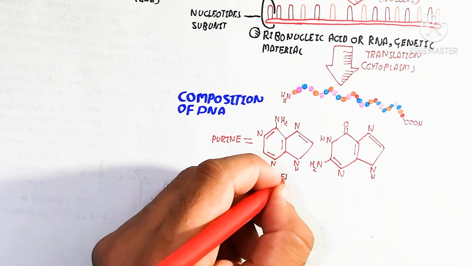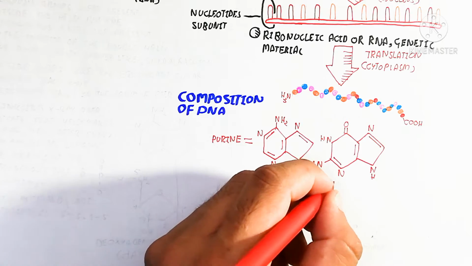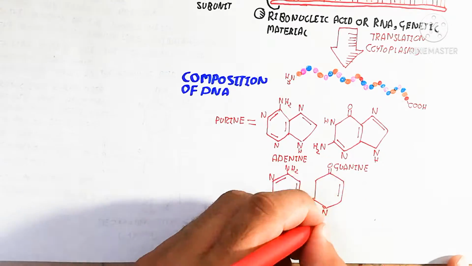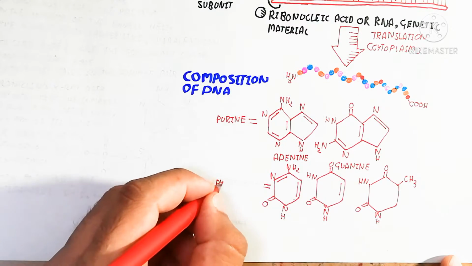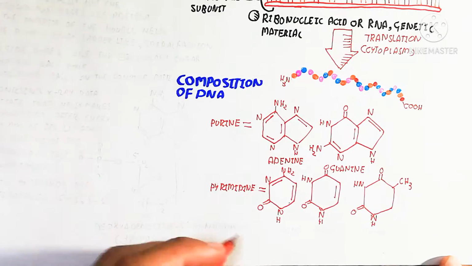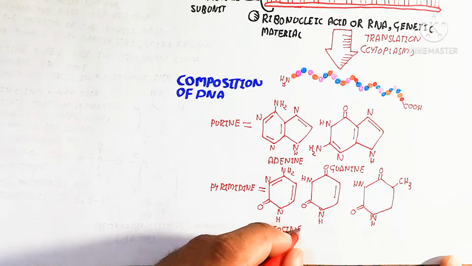So here is the composition of DNA we will discuss. Here is the DNA composition of the nitrogenous bases. Purine is the double ring, known as adenine or guanine. The pyrimidine is a single ring.